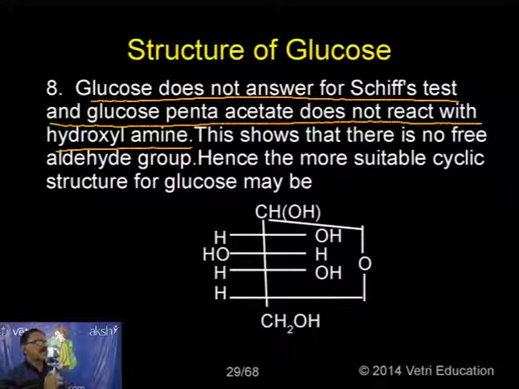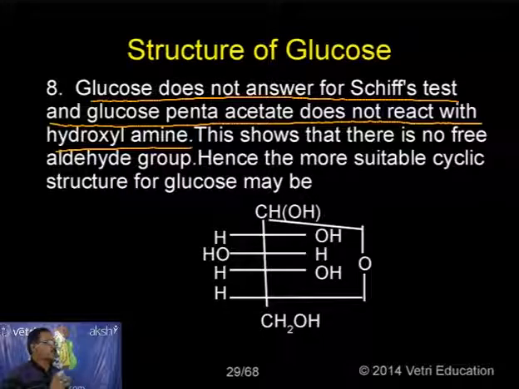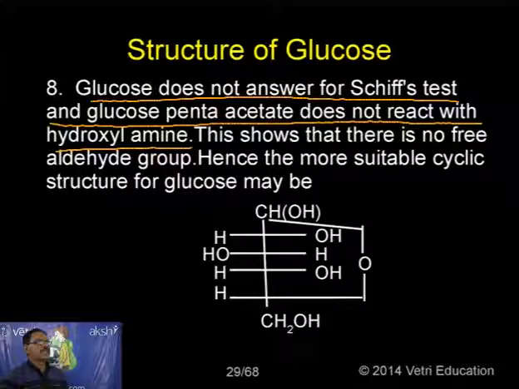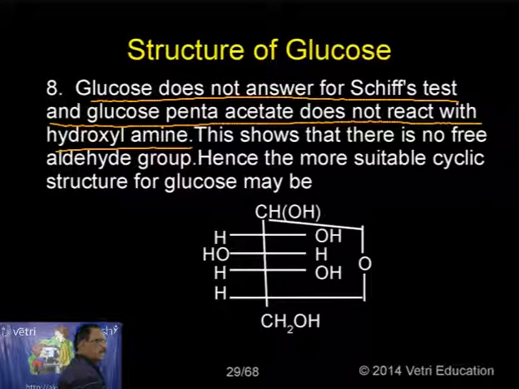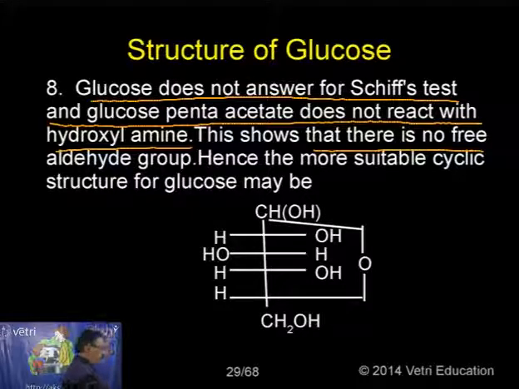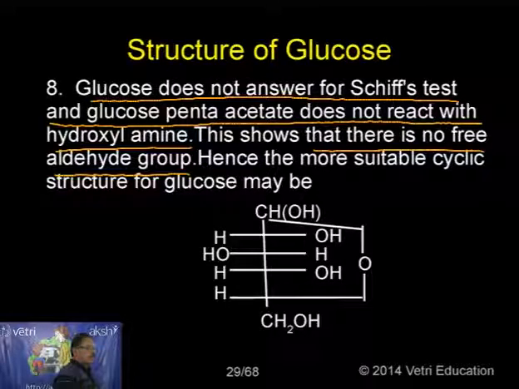An aldehyde group will normally give a violet color, but here glucose is not answering. So that means there is no free aldehyde group. And the pentaacetate does not react with hydroxylamine, it is not undergoing condensation. So this shows that there is no free aldehyde group present in glucose.